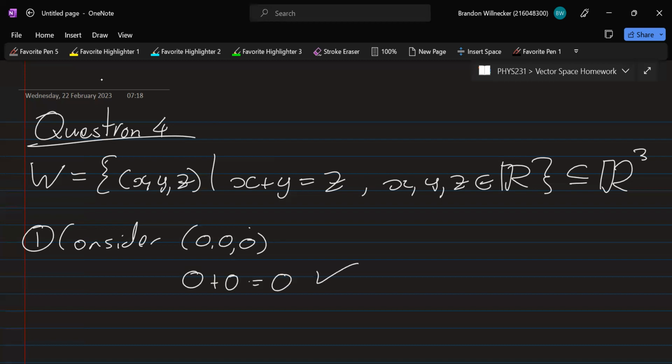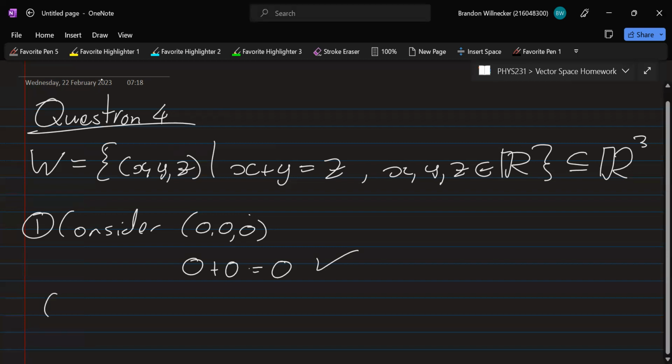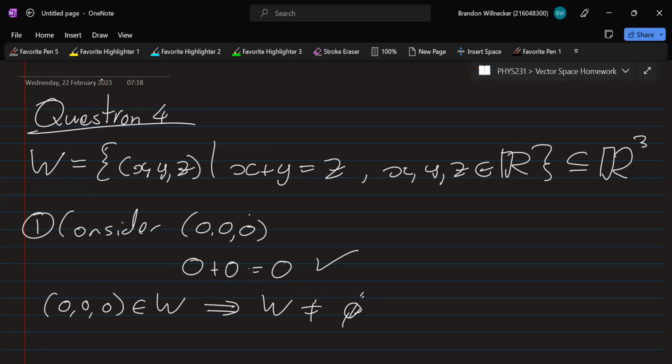That's perfectly fine, which means it satisfies the condition to be in the subset. So (0, 0, 0) is an element of W, which means W has at least one element. So W is not empty. Sorry, that is an empty set. Yeah, so W is non-empty.